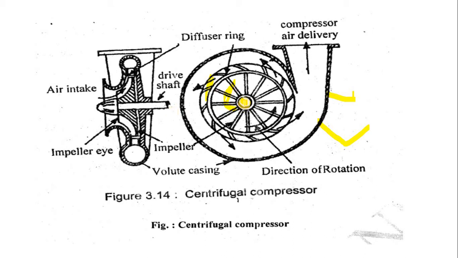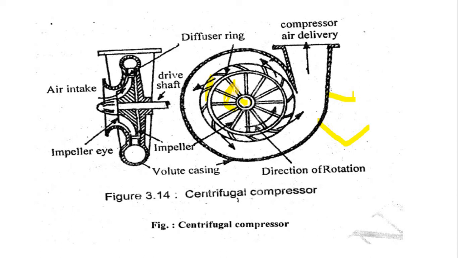When the inlet air passes through the inlet section, at the central position, the air continuously passes through the impellers. The impeller is mounted on the motor shaft and exerts a force on the air, and the air gets energized. Velocity increases, speed increases, and the pressure also increases.